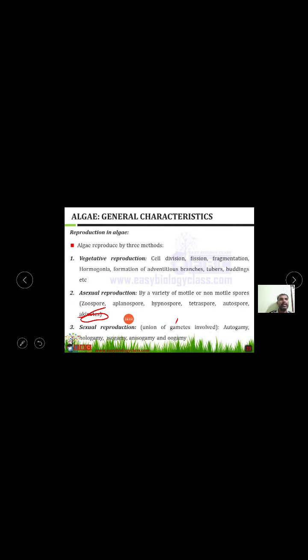Autogamy is where the gametes fuse among themselves. Isogamy involves two gametes of the same similar structure that fuse.